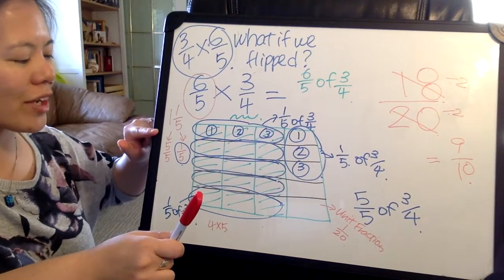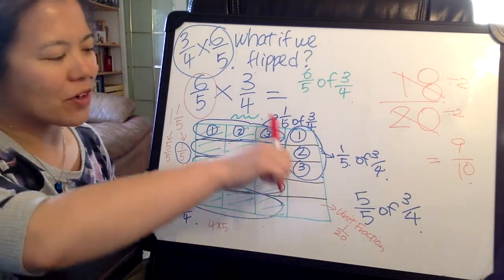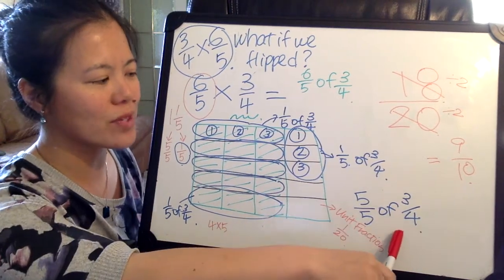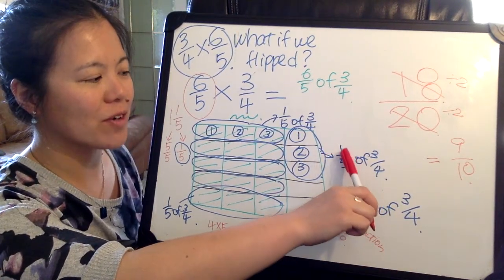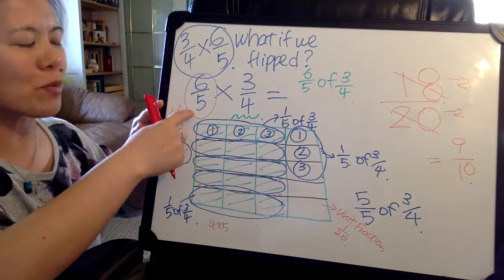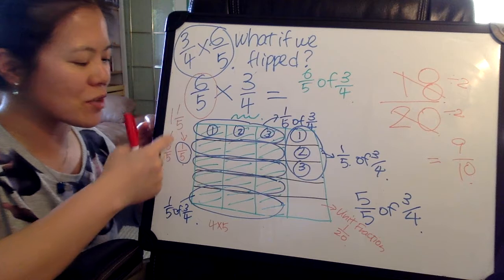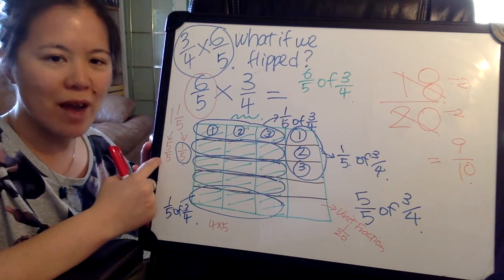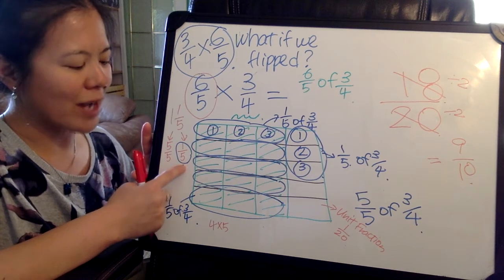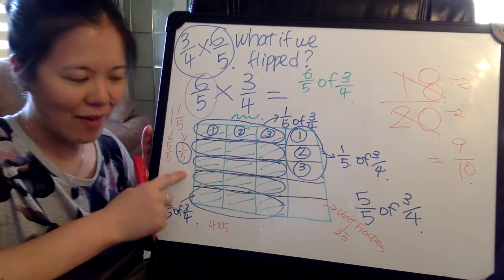And I'm going to add one thing. So look over here. We figured out first what is 1/2 of 3/4, and then we figured out what is 1/5 of 3/4, right? Because we broke 6/5 down into 2 parts. One part is 5/5, and we have 1/5 left.